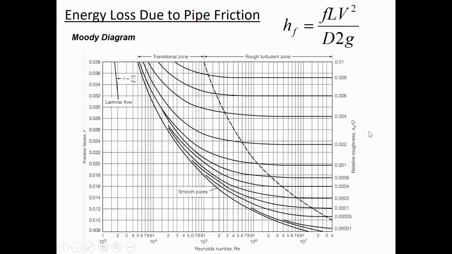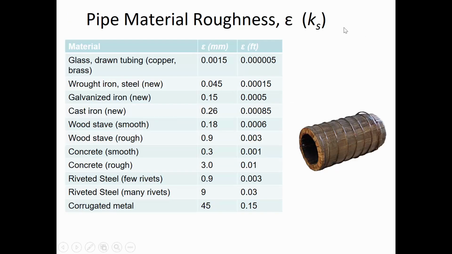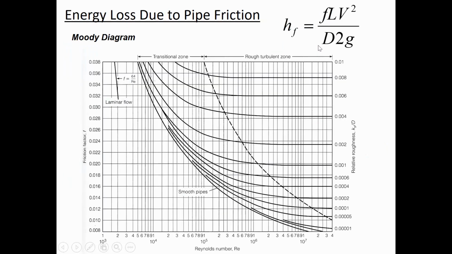You start by calculating the relative roughness. The relative roughness is k sub s, which is the same thing as epsilon on this table. Some texts use the equivalent sand roughness variable epsilon, sometimes it's k sub s, but it means the equivalent sand diameter relative to the diameter of the pipe.